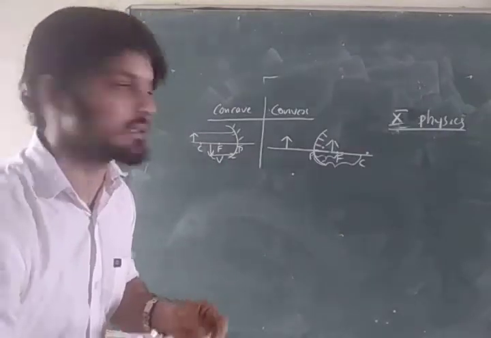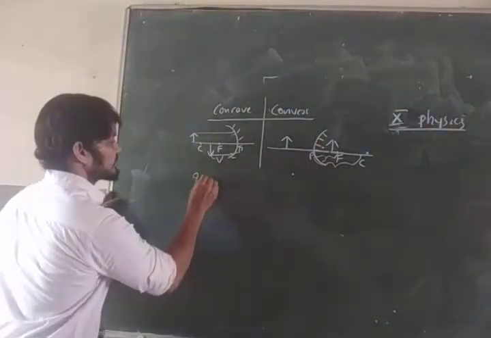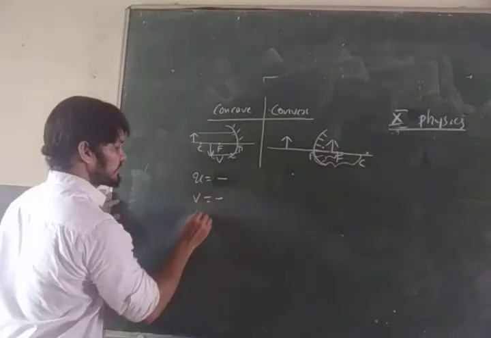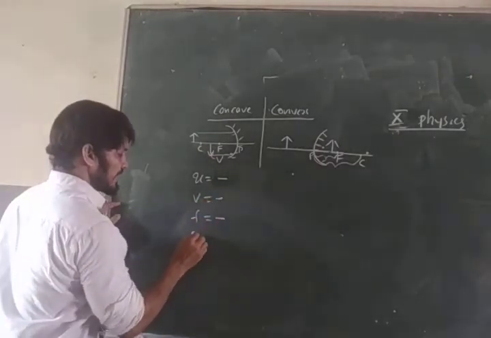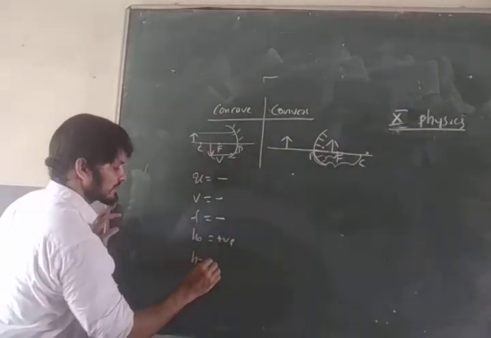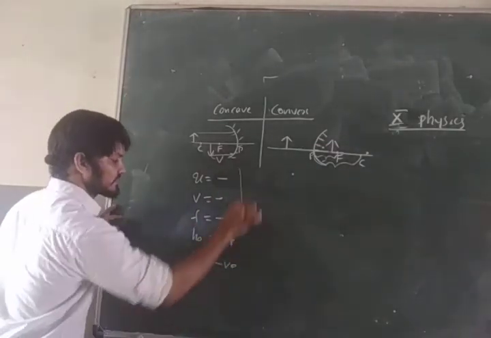Again, shortly telling: in a concave mirror, U negative, V negative, F negative, HO positive, and HI negative.